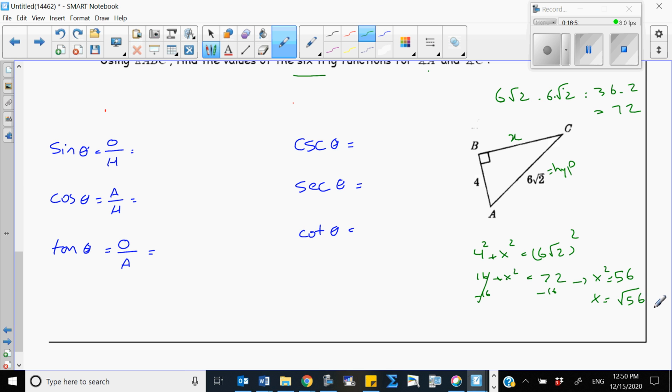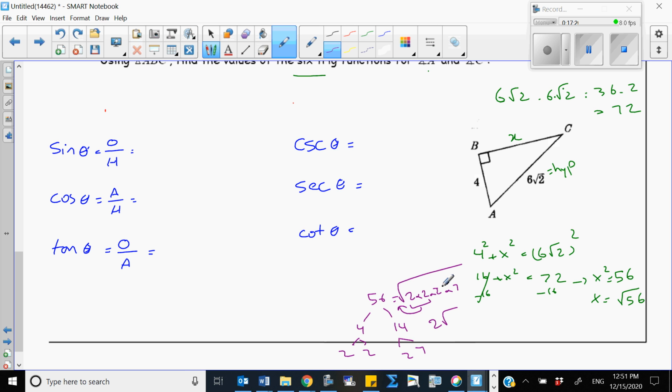Now I just need to simplify the square root of 56. I'm going to write that here. 56 is 4 times 14, and 4 is 2 times 2. 14 is 2 times 7. So this is 2 times 2 times 2 times 7. Now I found a pair here. I'm going to move this to the outside of the radical. So it will be 2 radical.